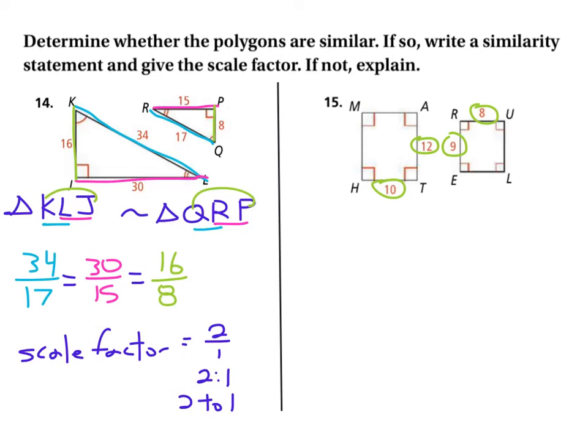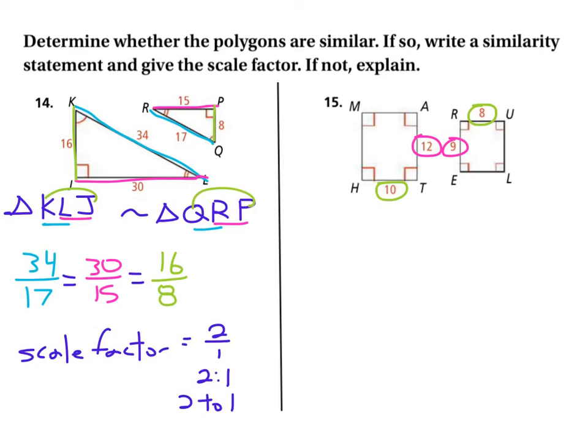So first we would write a similarity statement if they are similar, but we need to check if they are. I'm going to mark them with different colors. The small side here of 10 should match up with that smaller side of 8, and this larger side of 12 should match up with that larger side of 9.